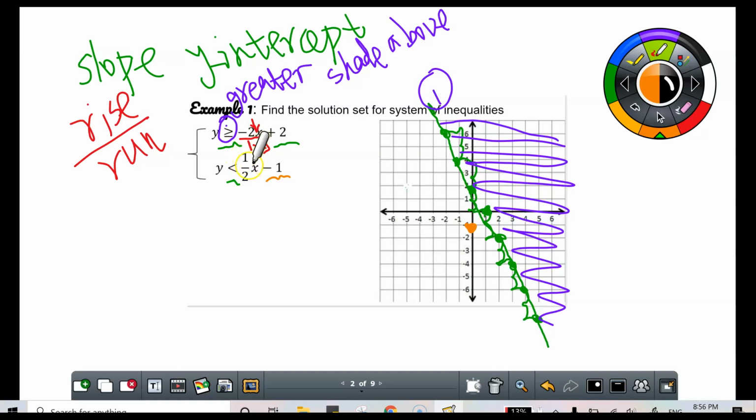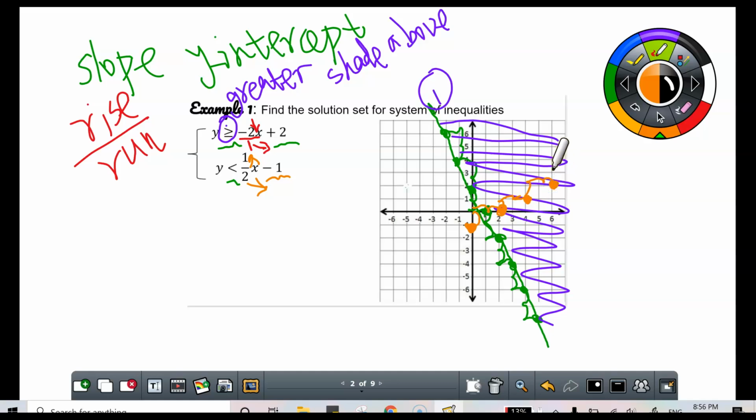For a positive slope, you're going to go up 1, go right 2. So from the y-intercept, go up 1, go right 2. You have the next point. Keep doing it. Up 1, right 2.